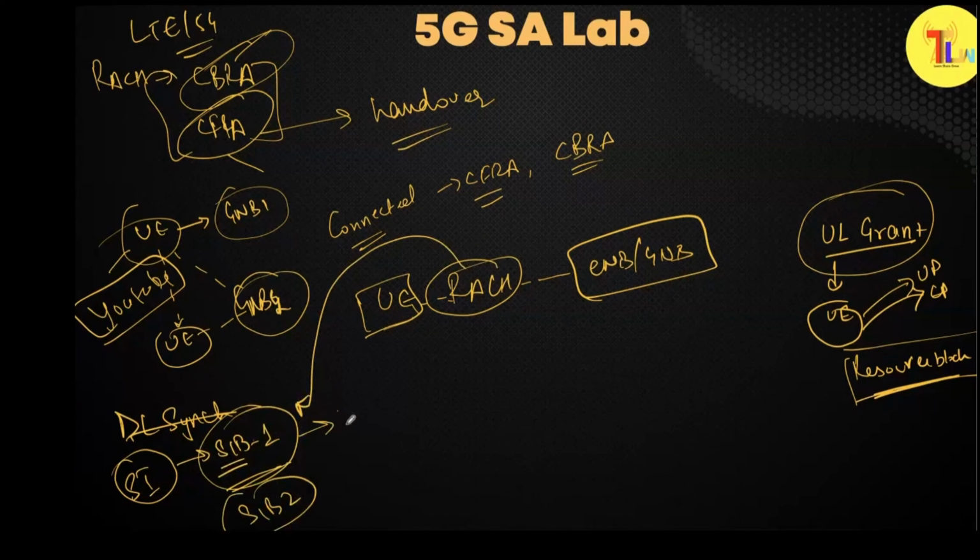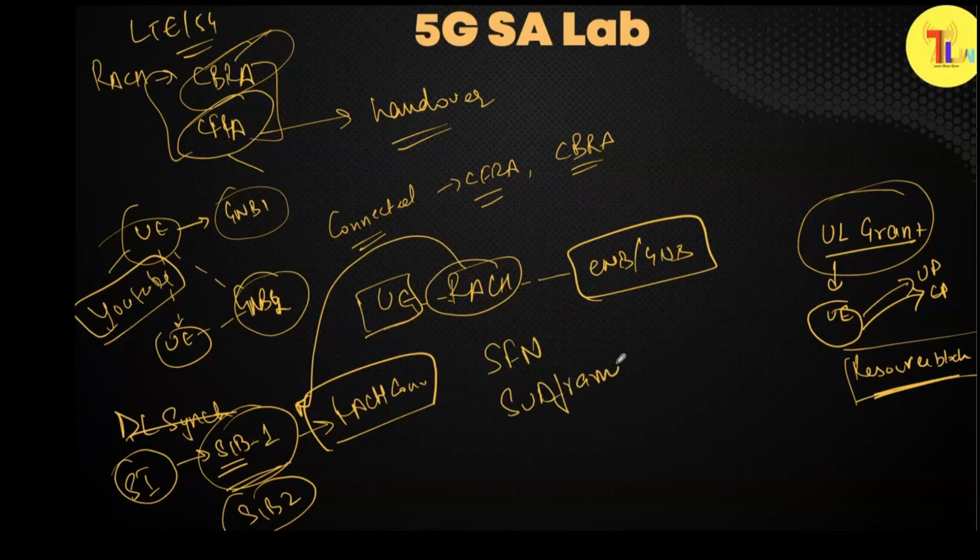There is something called RACH common config inside this SIB1, which will tell me about the parameters related to RACH, like when to transmit, at what occasion I need to transmit, what system frame number, or what subframe number. So we need to understand that.